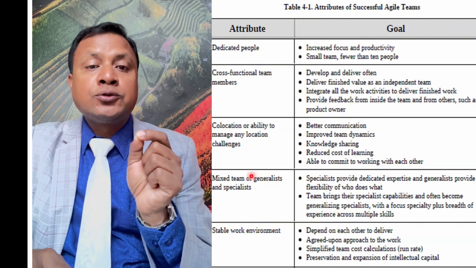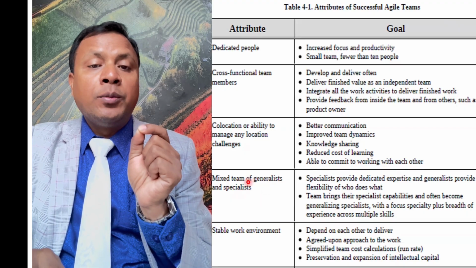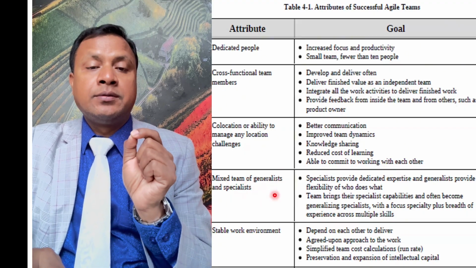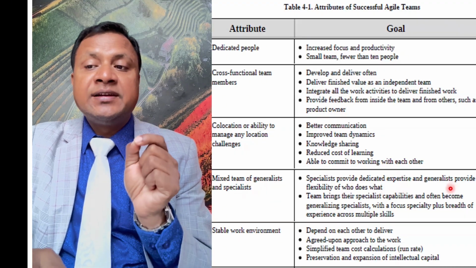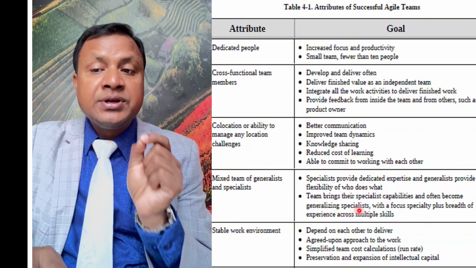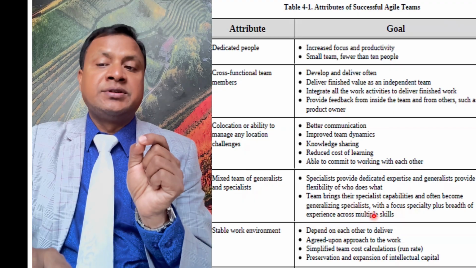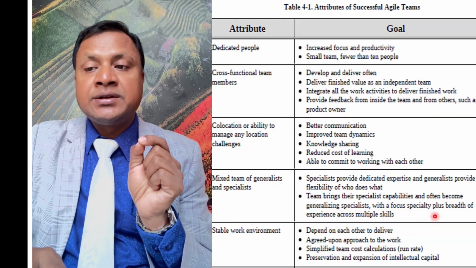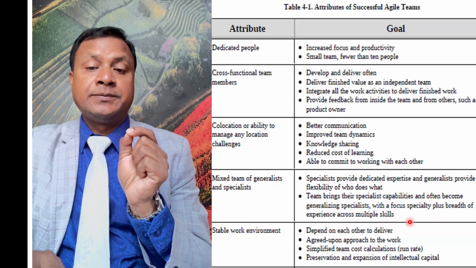And an agile team is also a mixed team of generalists and specialists. Normally generalists are emphasized here. So specialists provide dedicated expertise and generalists provide flexibility in who does what. So the team brings their specialist capabilities, often becoming generalizing specialists with a focused specialty plus breadth of experience across multiple skills.